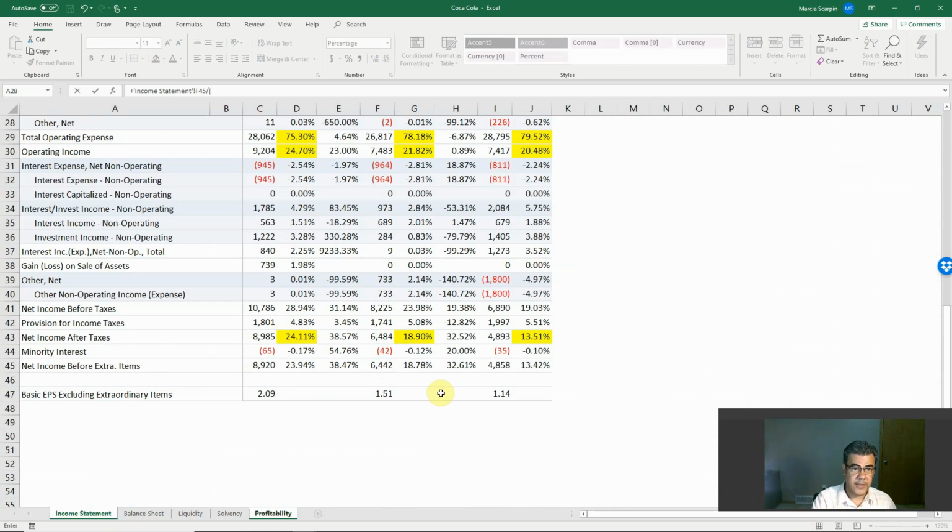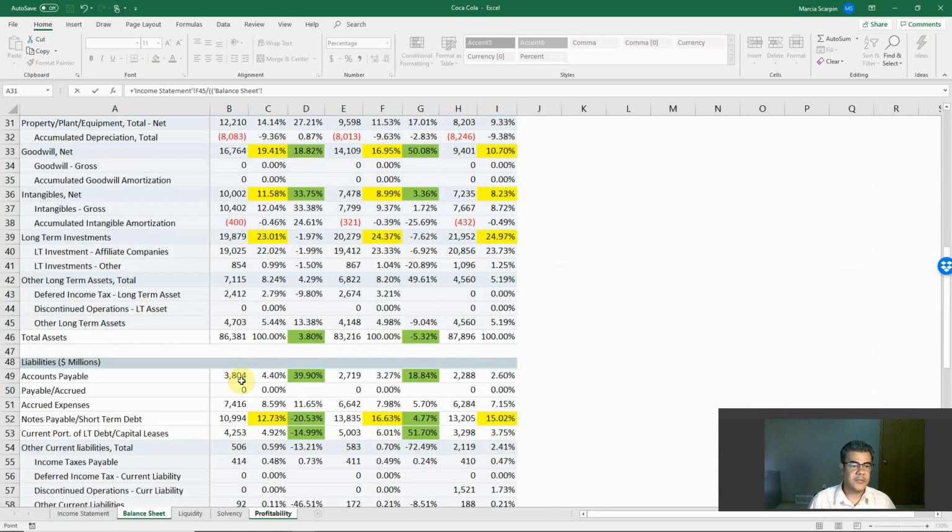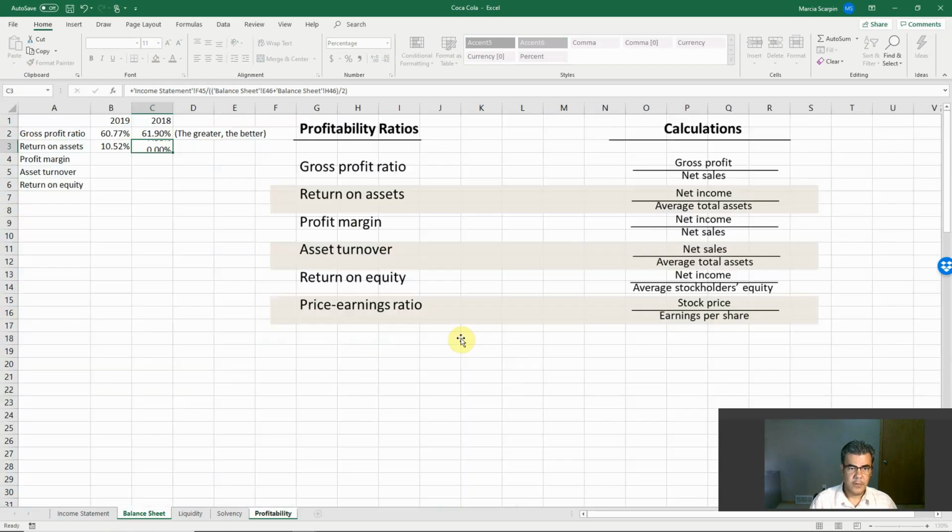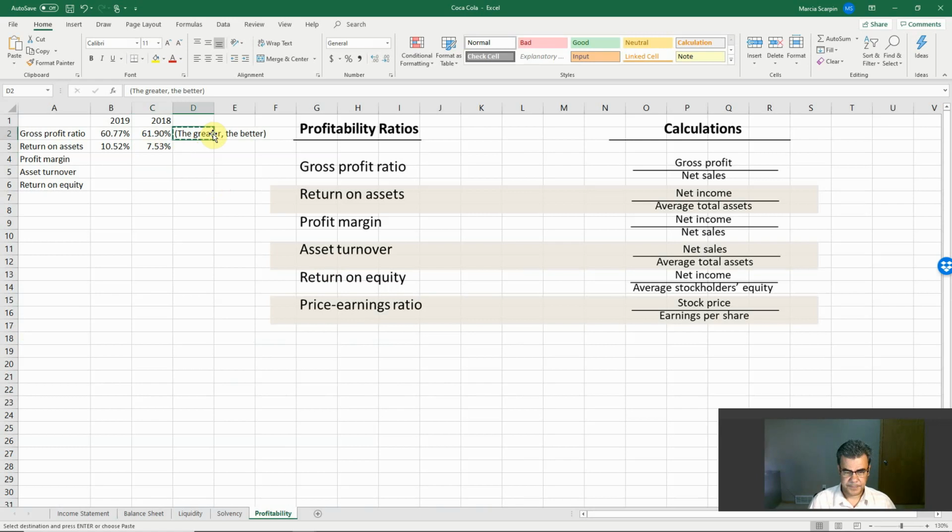Net income divided by double parenthesis, total asset 2018 plus total asset 2017 divided by 2 and 7.53. So all of our ratios here, they are the greater, the better. Okay?